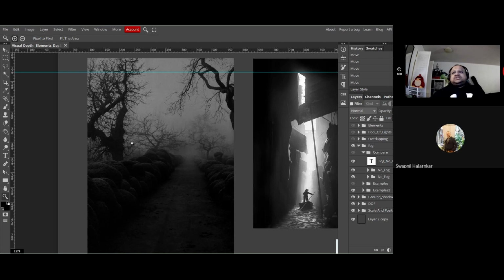Maybe there is some monster hiding here, we don't know. That's why this will help us in storytelling in the horror genre. We don't know what is behind this, and maybe there is a ghost or someone who can come out of this fog.